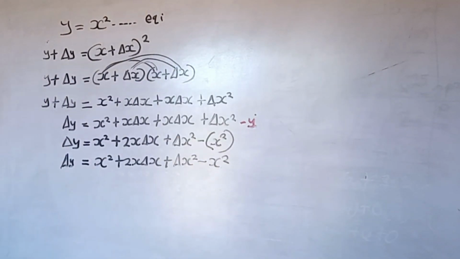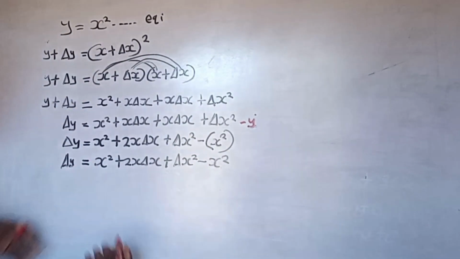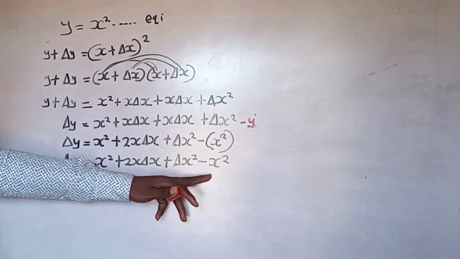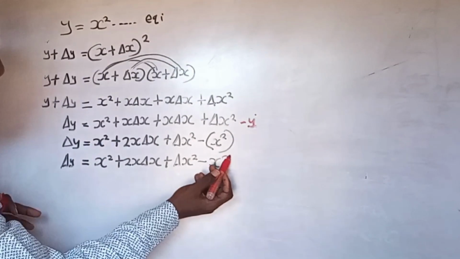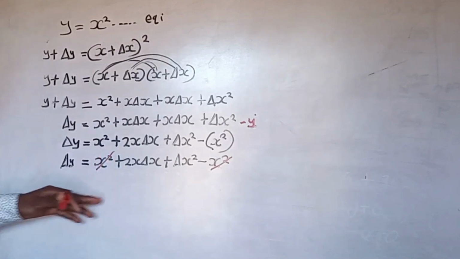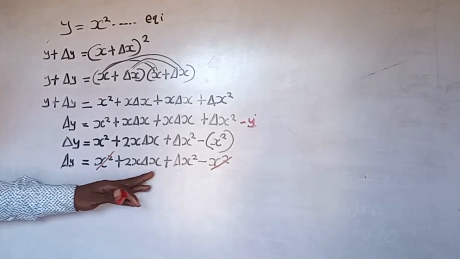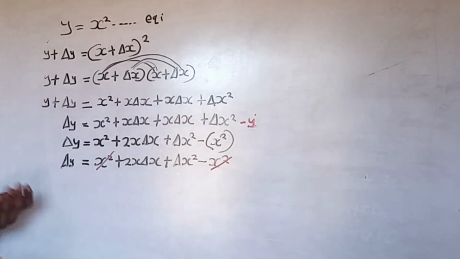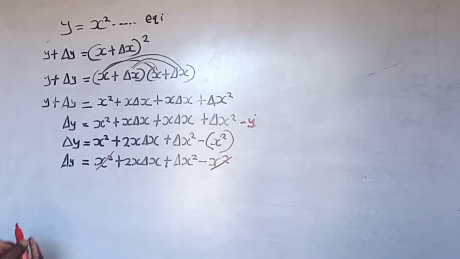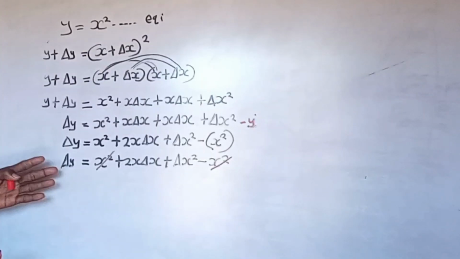If you look at this equation, you can see that I can eliminate some of the parameters here. I have x squared here and I have minus x squared here, so this can eliminate this. Looking at this also, I have 2x delta x and delta x squared. Since there is none to eliminate again, I can proceed to divide both sides by delta x.